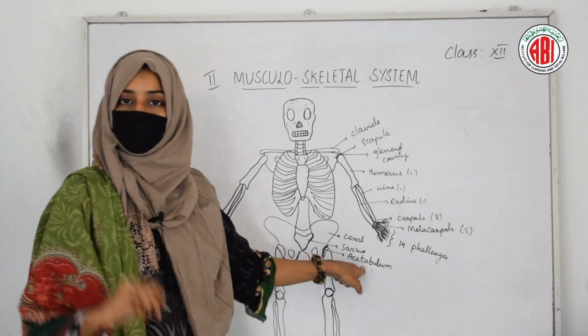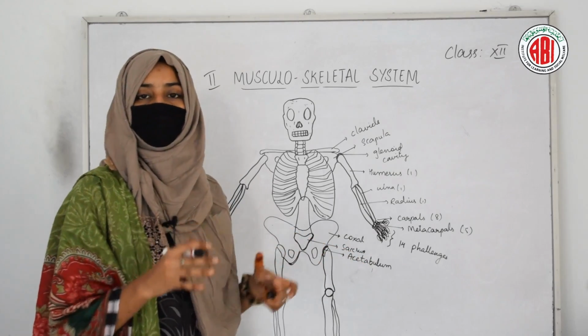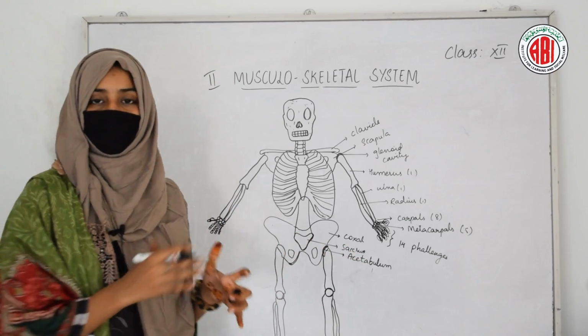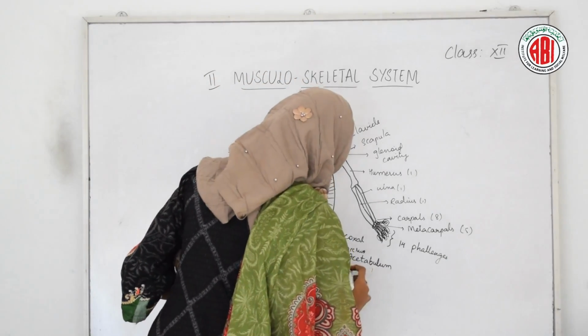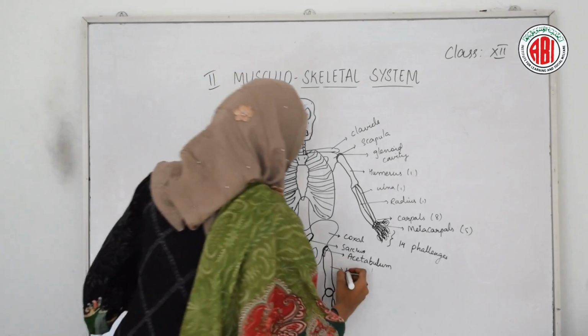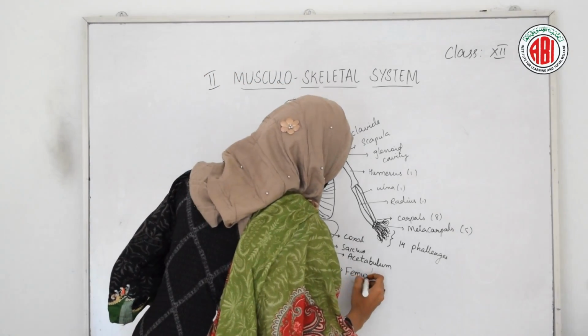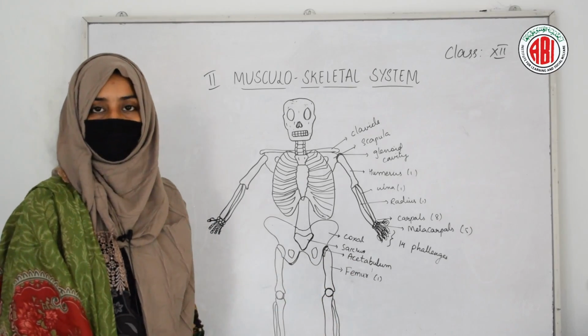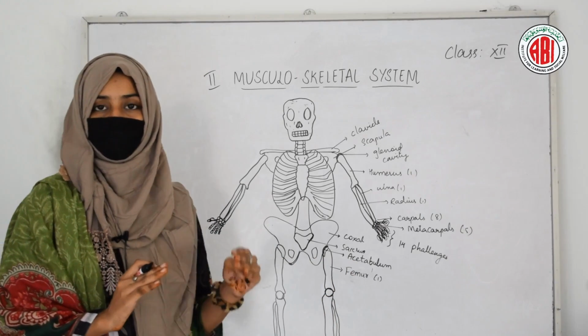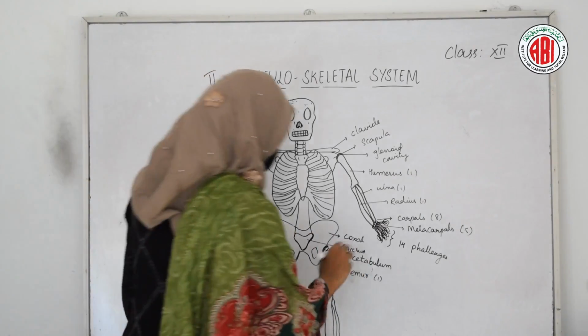Now, in this depression, the first bone of our leg gets fixed. We call that bone the femur. So femur is 1 in number. Now below the femur, at the region of our knee, one cap is found.